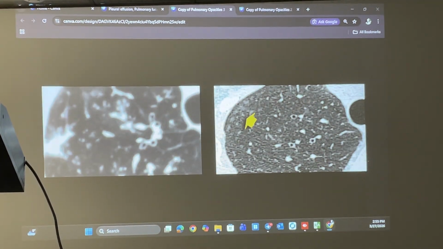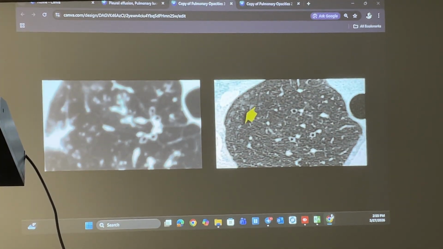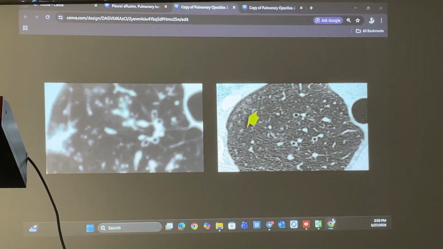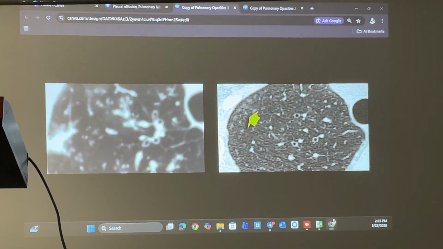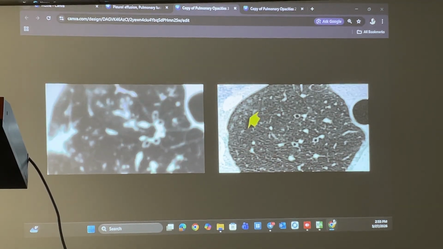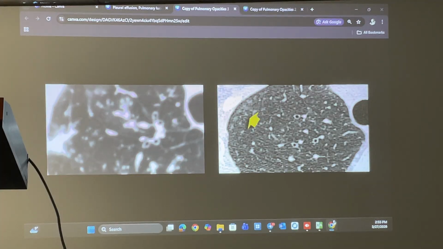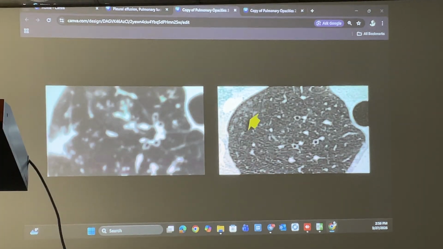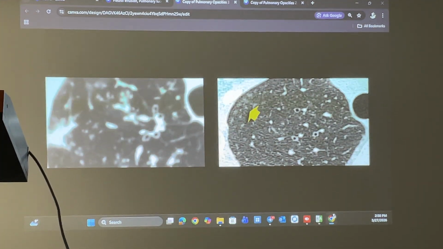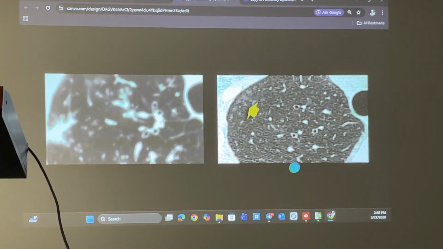What can you see here? What type of distribution is it? Solid, part solid, bronchial obstruction, or something else? Let's start from this one.